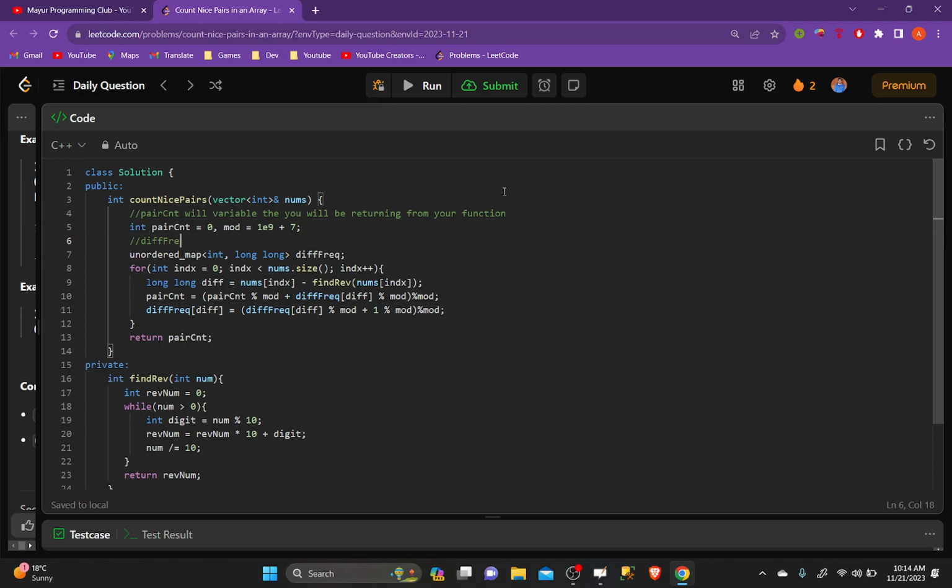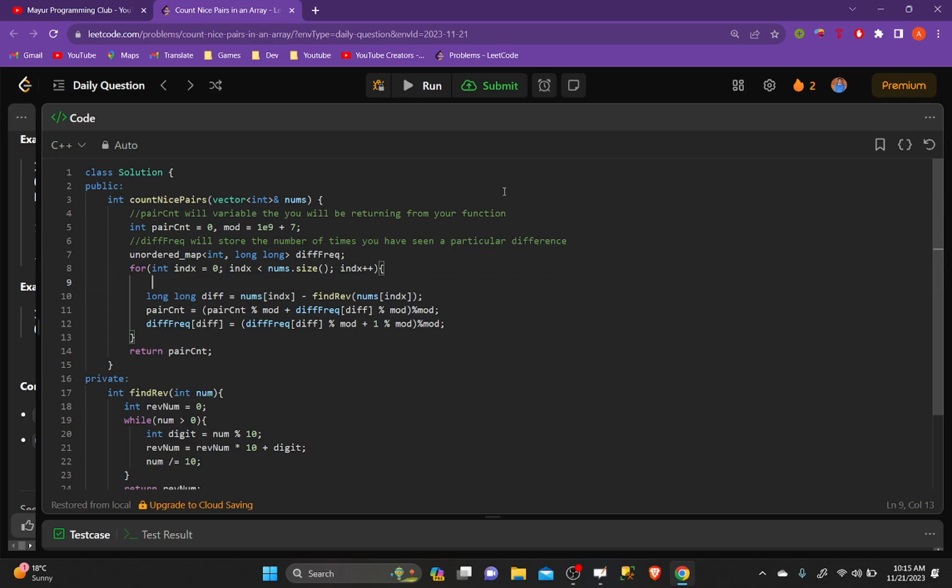Difference frequency will store the number of times you have seen a particular difference. Okay, and then according to the modified equation, you will be finding the difference.